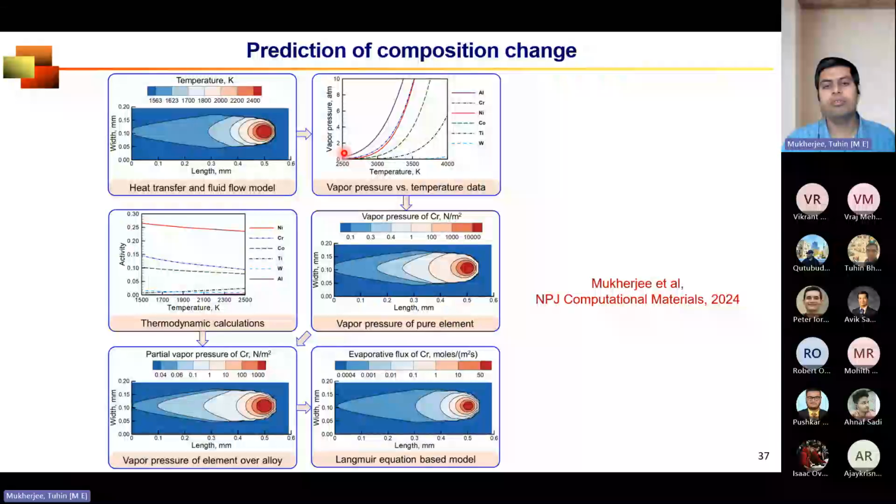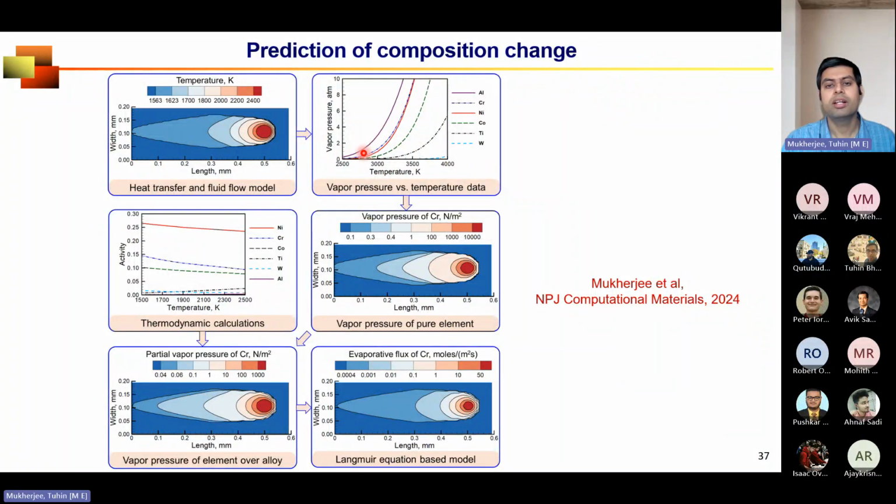So if you take 1 atmosphere and go here for aluminum, this is the boiling point. This database is very well known. We published that database for a wide variety of metals. Anyone can use that. Now once we know the vapor pressure, depending on the temperature field, we can get the vapor pressure of all these alloying elements.